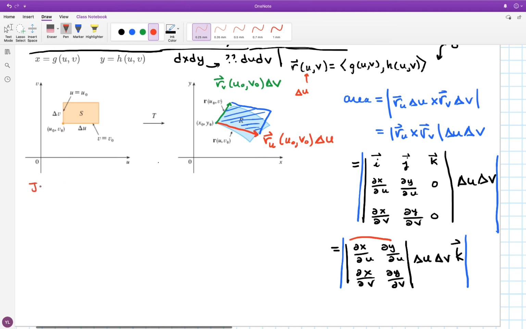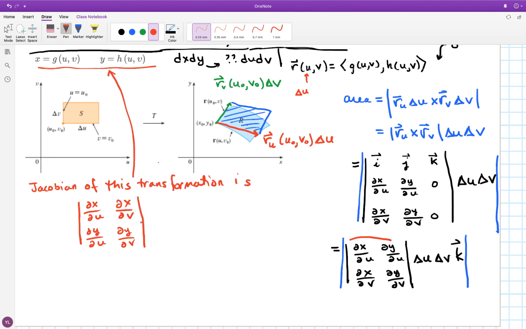So we say that the Jacobian of this transformation is the determinant of this matrix involving the partial derivatives of the transformation, and the notation we give for this determinant is partial (x, y) over partial (u, v). The derivatives of the old variables with respect to the new variables all combine into this little box.